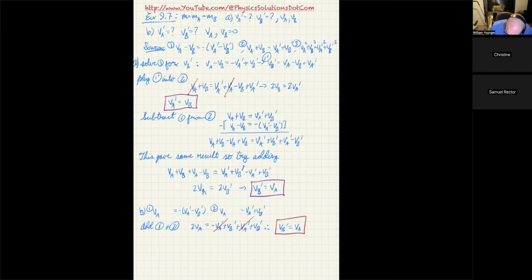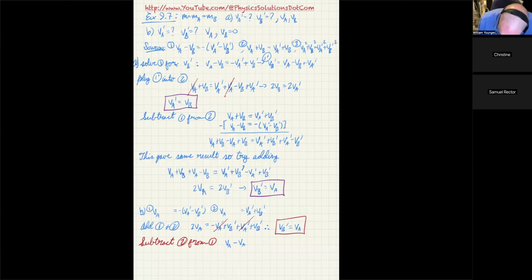Okay. Now I'm going to try to get the other result, and to do that, I'm going to subtract 2 from 1. I'm going to write down the left-hand side of 1, which is VA, and then I'm going to subtract from that the left-hand side of equation 2, which is just plain VA.